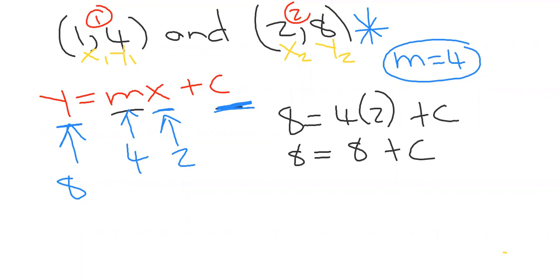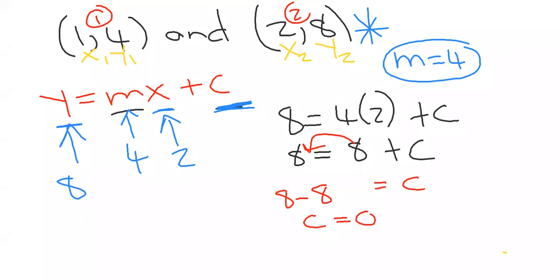Then solve for c. We take this 8 to the other side, or we collect like terms, so that on this side we are only interested in the c. So c equals 8 minus 8, and 8 minus 8 gives us 0.